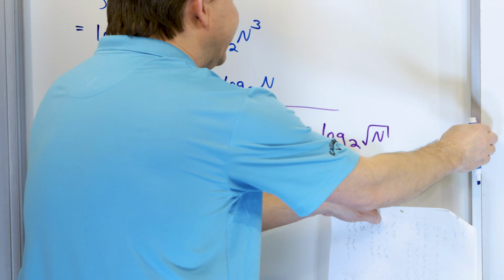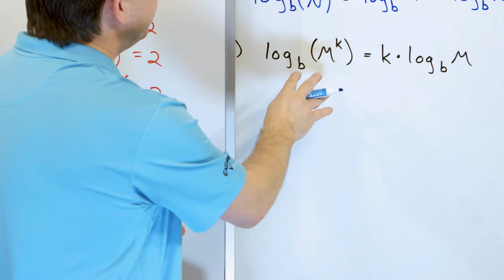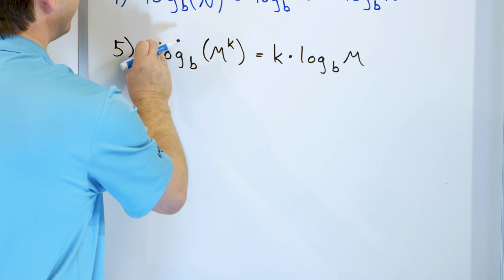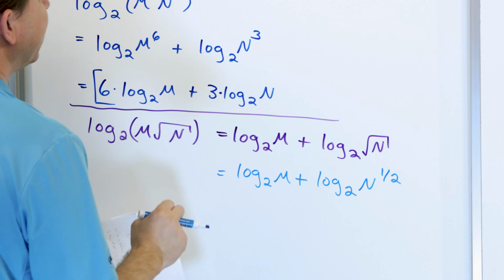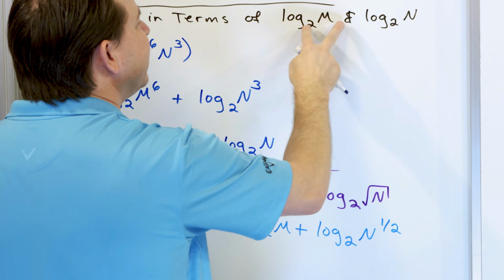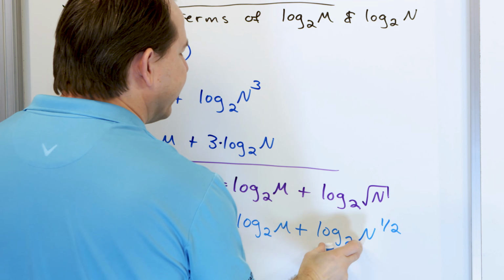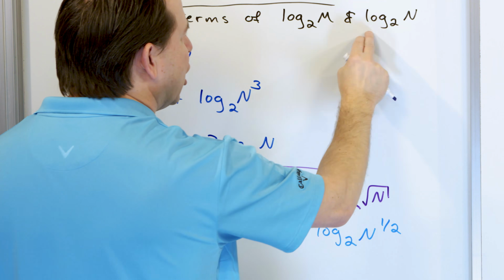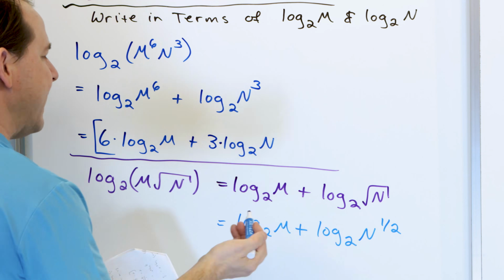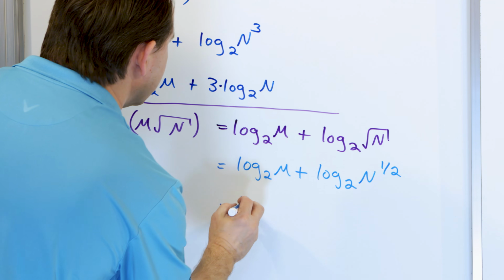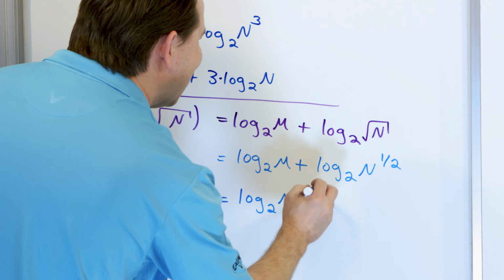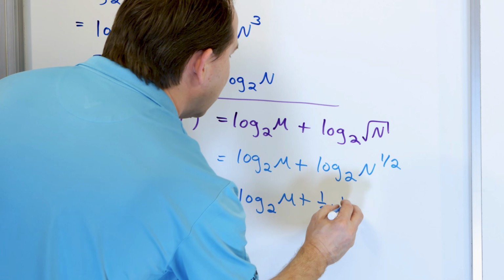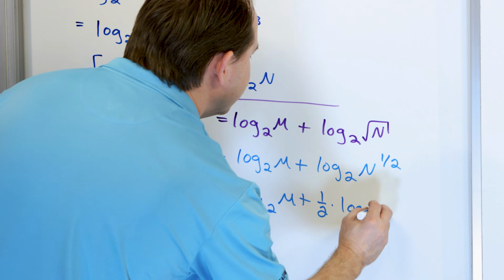So this exponent here on this second term, we can use this one here to pull the exponent in front. And that's going to basically make it a little bit simpler. Because notice, we want to write it in terms of this and this, but this is n to the 1/2. This is not log of n, this is n to the 1/2. So we have to do something to get it there. Log base 2 of m plus the exponent comes out, 1/2 times log base 2 of n.